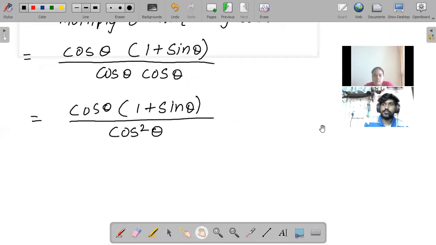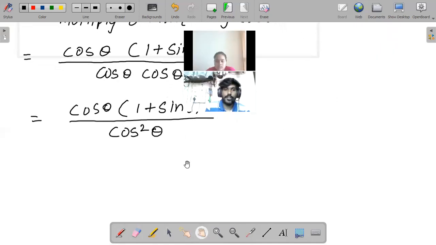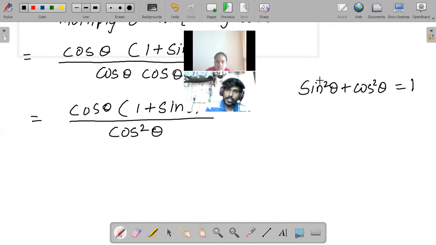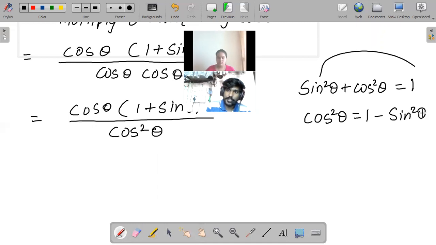Okay. Now, first identity says sine square theta plus cos square theta is equal to 1. Correct? Now take plus sine square on the other side. So you will have cos square theta is equal to 1 minus sine square theta.